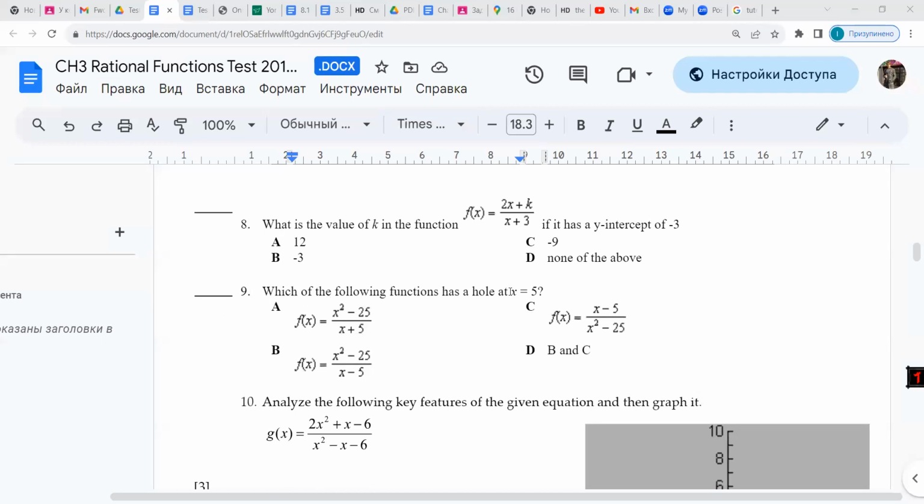Number 9, which of the following functions has a hole at x equals 5? And let's recall, how do we identify the hole? Does anybody remember that?